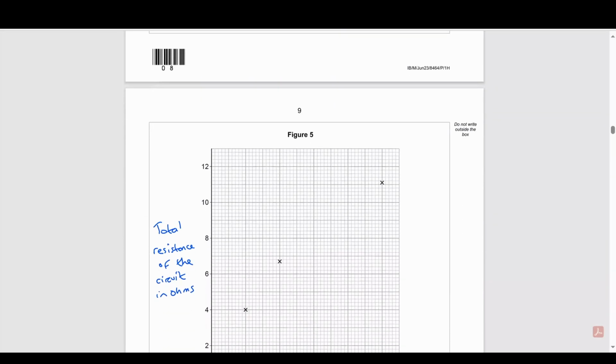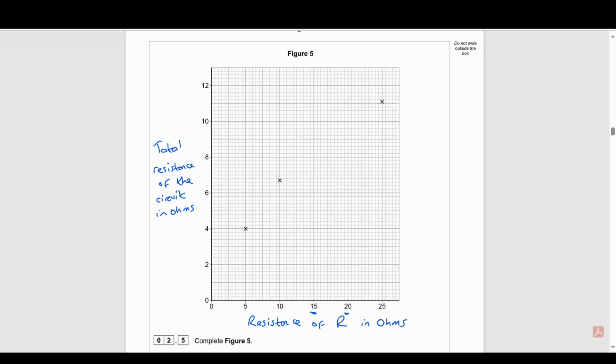So we're going to do 15 first. We need to find 8.6 on our graph. Well, it looks like each line is an interval of 0.2. So 8.2, 8.4, 8.6. So we do our point there for 15 ohms. And then 20 was 10. So you can just place it right there.